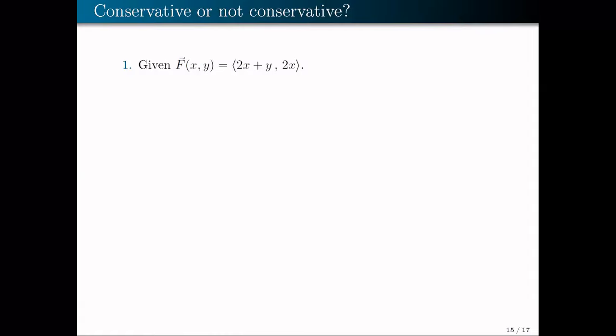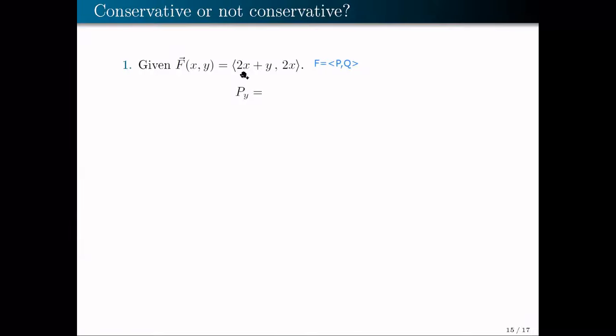In number 1, the vector field F is on R2, so its form is as follows: the scalar field P in the first component and the scalar field Q in the second component. From the corollary, it suffices to show that Qx equals Py for F to be conservative. So let's solve for Py and Qx.